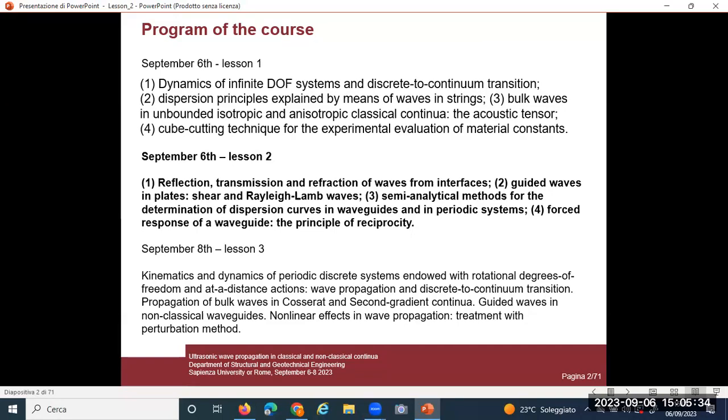Then I'm not sure I'll be able to discuss also the fourth point, because this is a lot of material, but if we won't be able today, we will do that on Friday, which is the forced response of the waveguide, which will be obtained by making use of the principle of reciprocity.